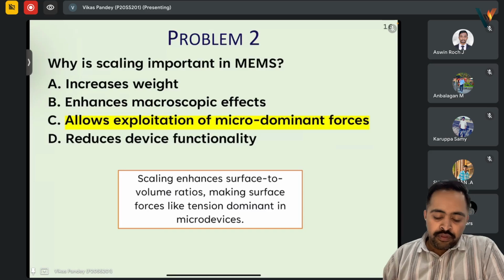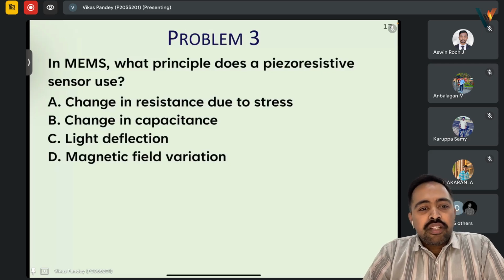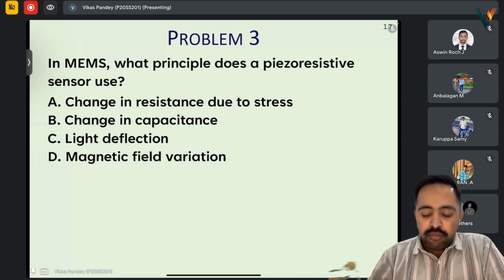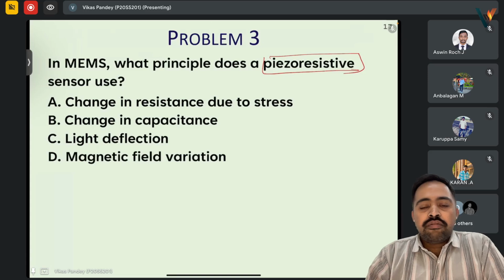Okay. Now, in MEMS, what principle does a piezoresistive sensor use? Change in resistance due to stress, change in capacitance, light diffraction, or magnetic field variation. Do you remember we talked about this piezoresistive something?